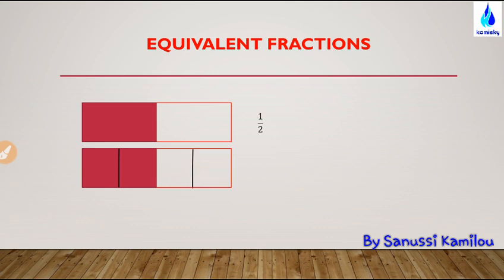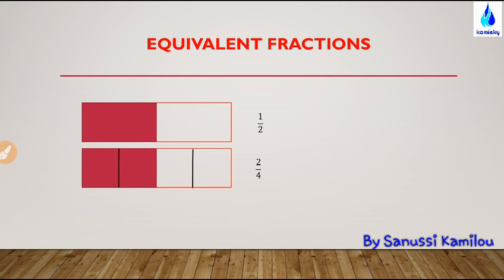But this time around, we are no more shading or coloring. We are keeping the shaded portions. So here, let's count the shaded portion. 1, 2, out of what? 4. That is the fraction we have just represented.